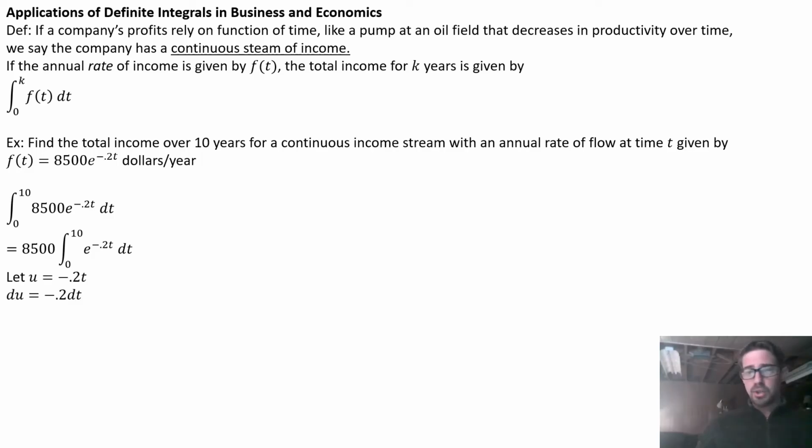So if we let u equal our little function of t up there, then du is just negative 0.2 dt, right? It's just the derivative of negative 0.2 t. Divide by that negative 0.2. So it's negative 1 over 0.2 du equals dt.